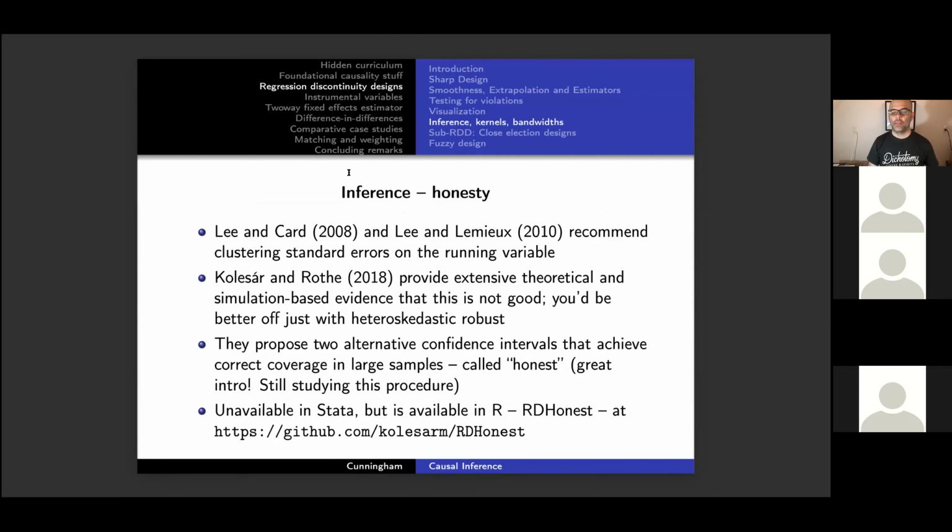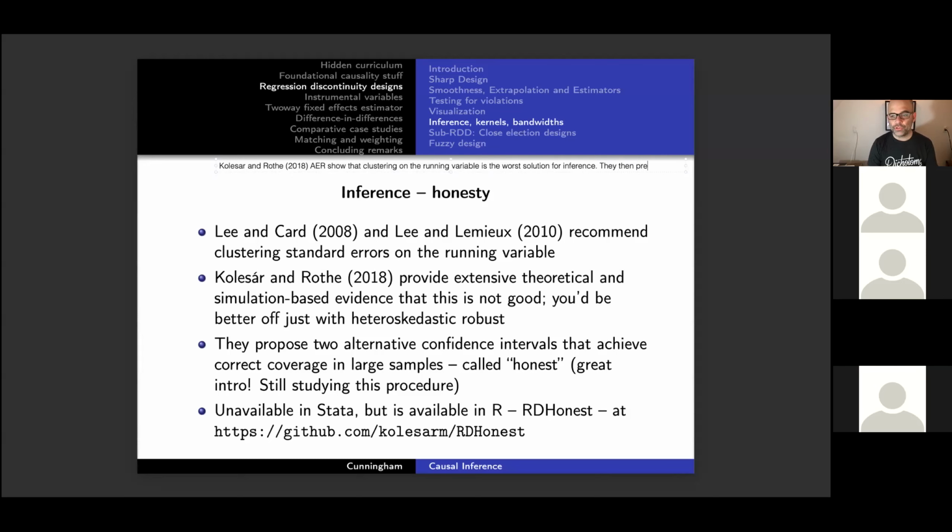So Kolesár and Rothe propose 2 alternative confidence intervals that you use instead of clustering. Kolesár and Rothe, 2018 AER, show that clustering on the running variable is the worst solution for inference.